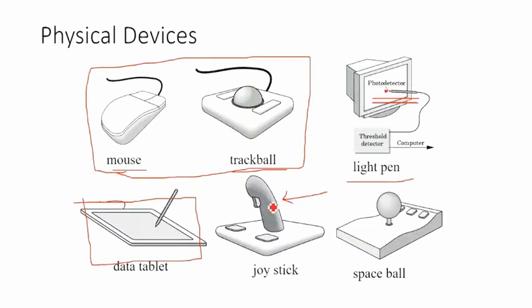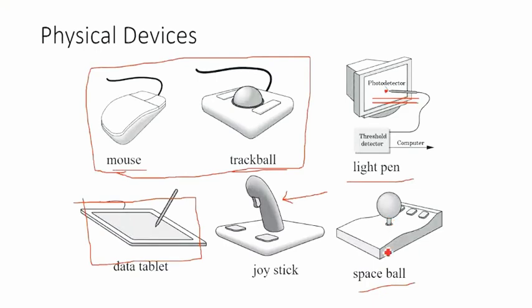By moving this joystick left or right or front or back, you can capture the direction, as well as the motion with which you exert the force towards whichever direction you want. And then we have an input device called the spaceball. This spaceball is basically a static ball which is fixed over a stick.